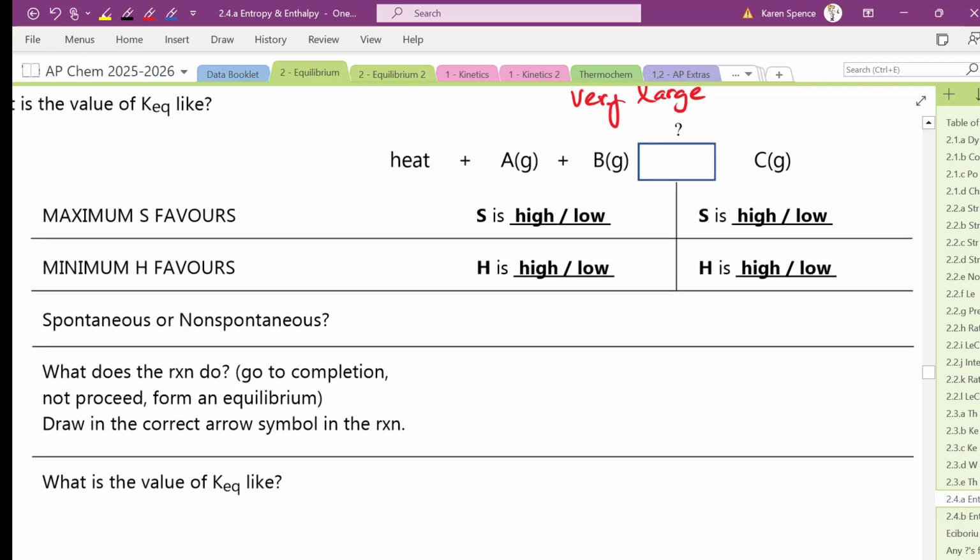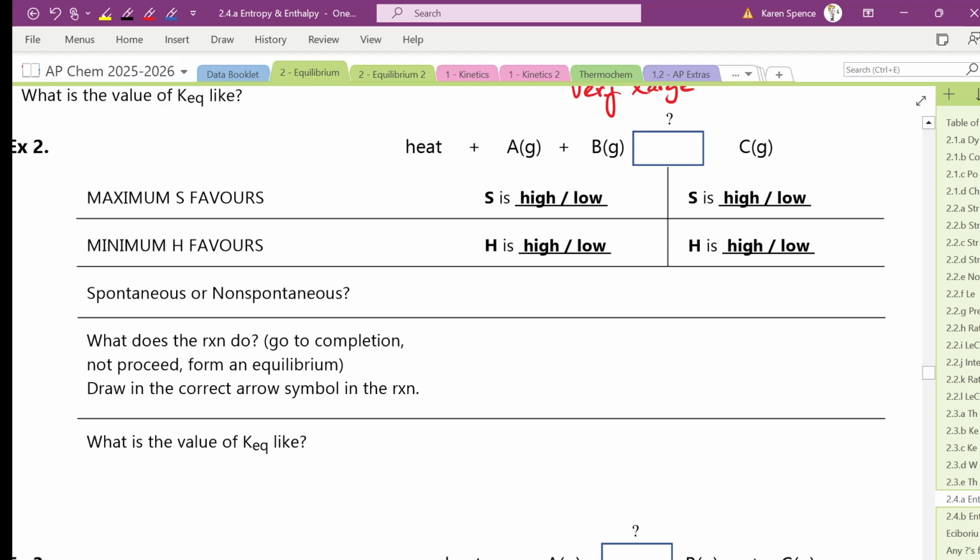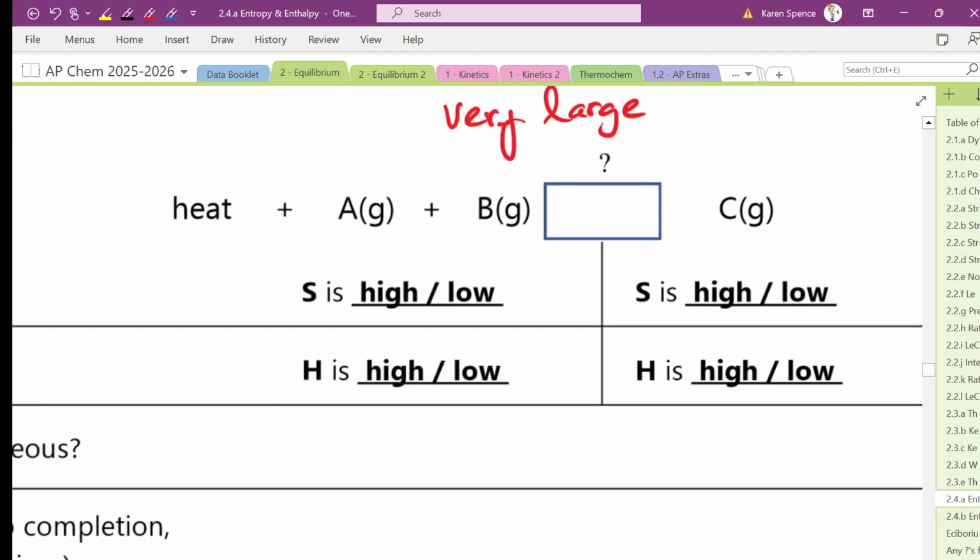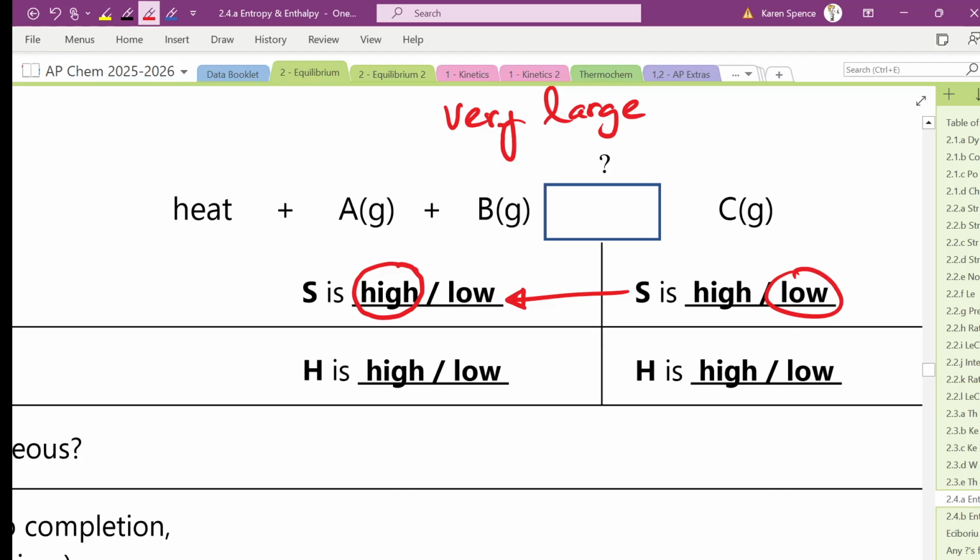I think we can get through one more example before we leave today. If you have trouble figuring out the enthalpy, draw your little diagram. Okay, that's an endothermic reaction, right?